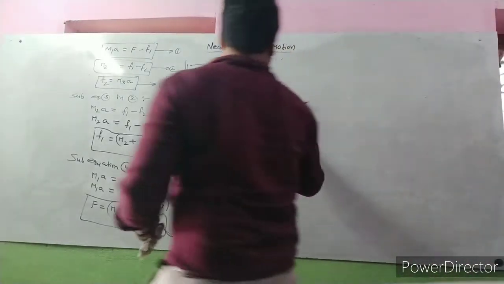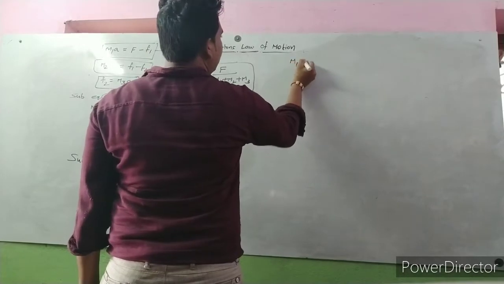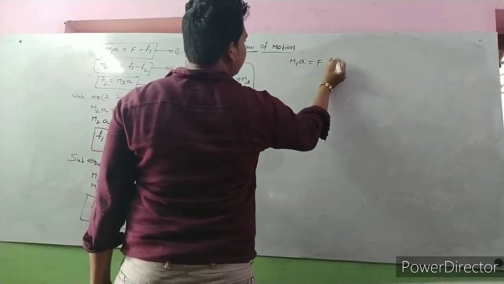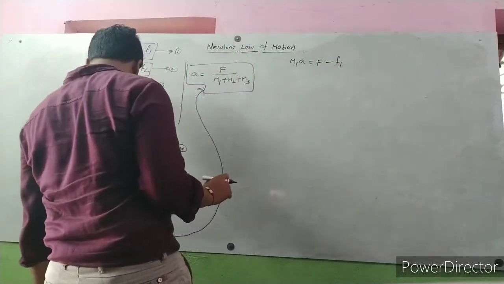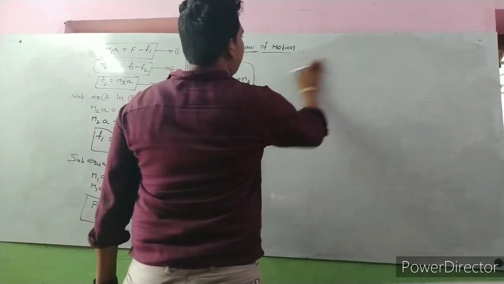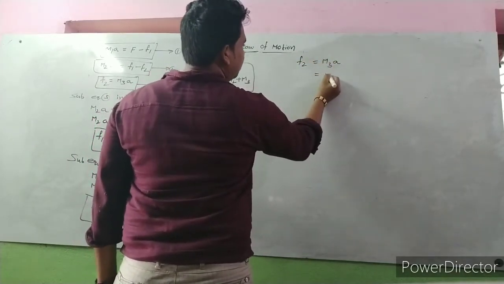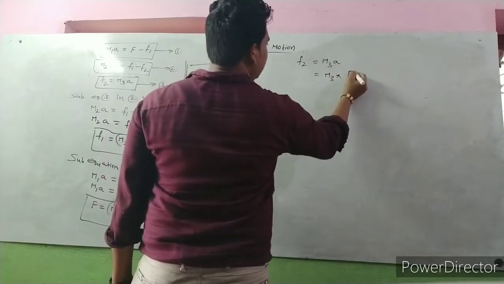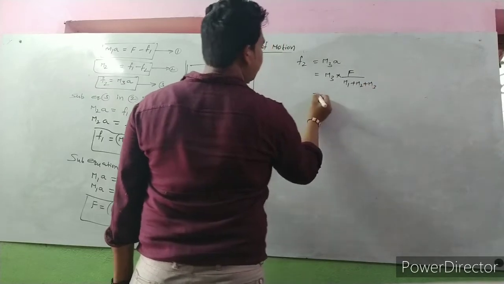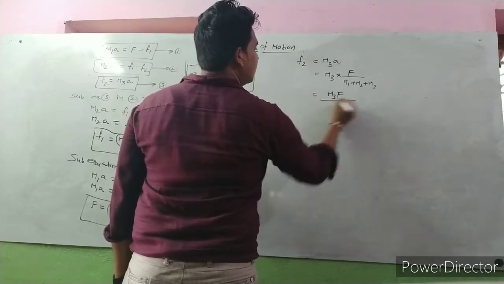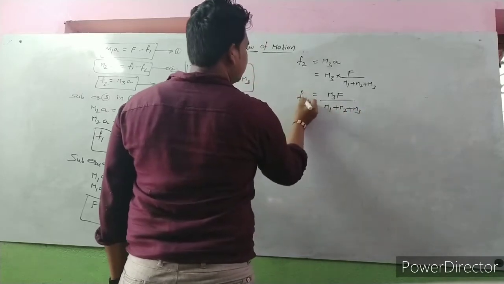We already know F2 is equal to M3 into A, and A is F by M1 plus M2 plus M3. So M3 into F by M1 plus M2 plus M3 is the F2 value.